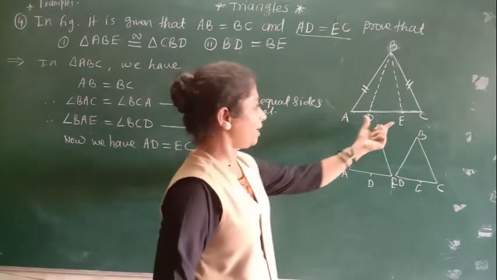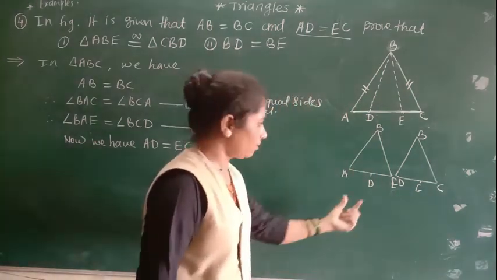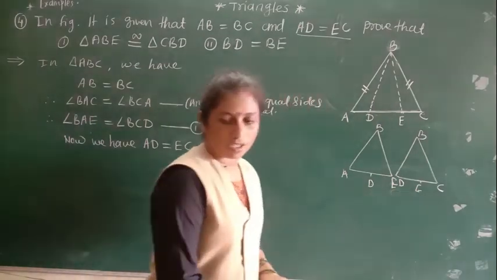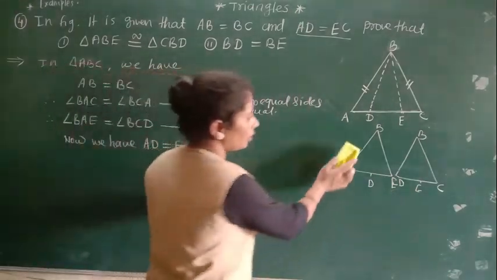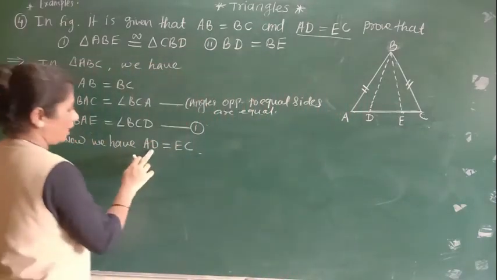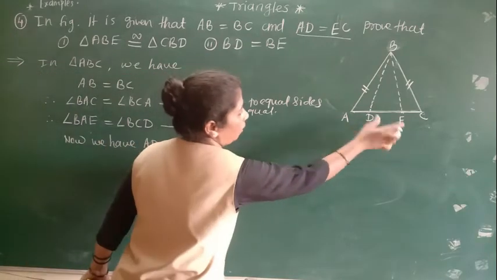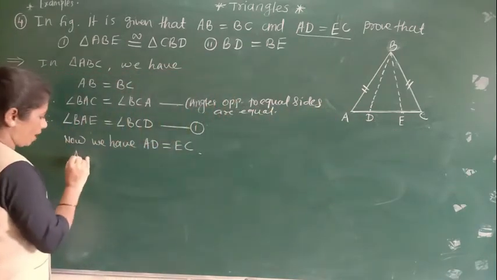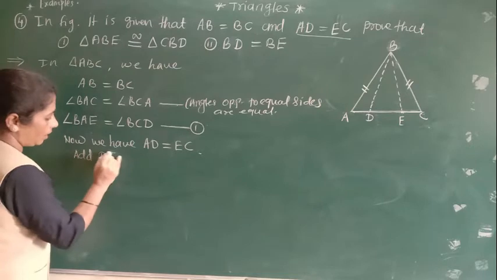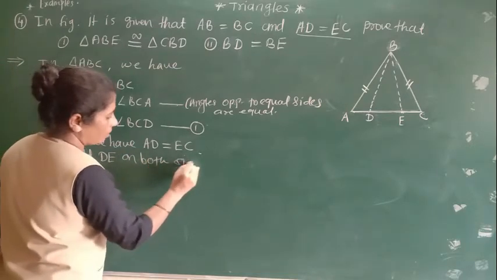So this DE part is included in both triangles. Since we are given AD equals EC, we will add DE on both sides.